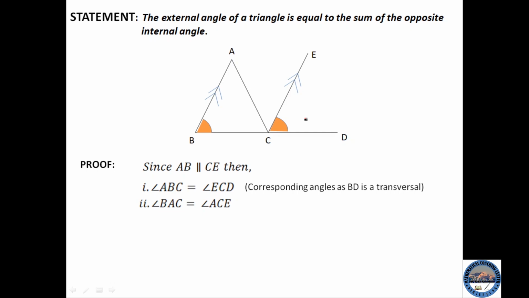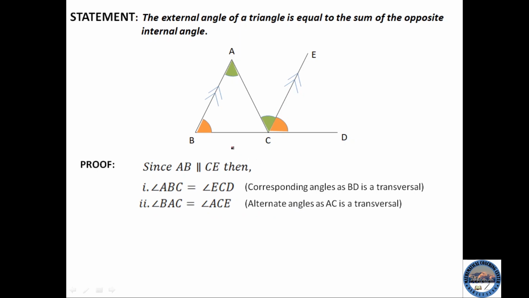Next, we also get that angle BAC will be equal to angle ACE. BAC is this angle and ACE is this angle. Why are these two angles equal? It's because they are alternate angles.